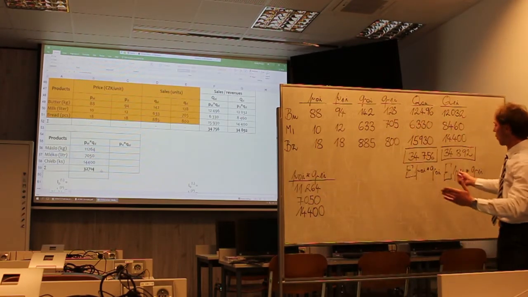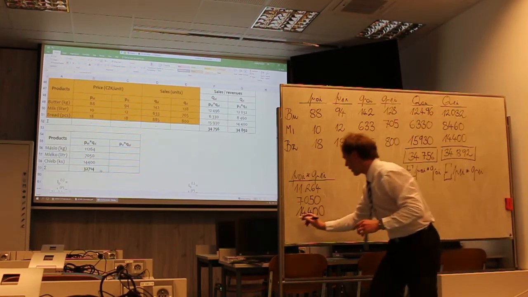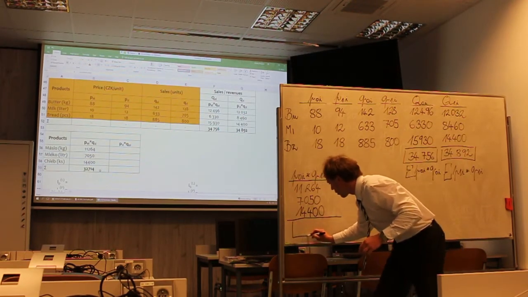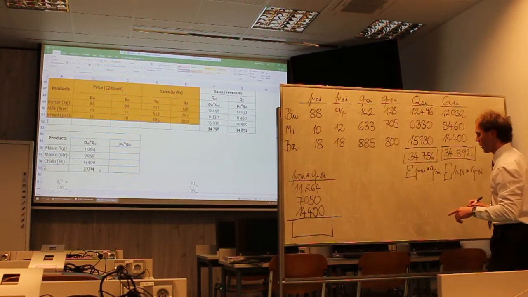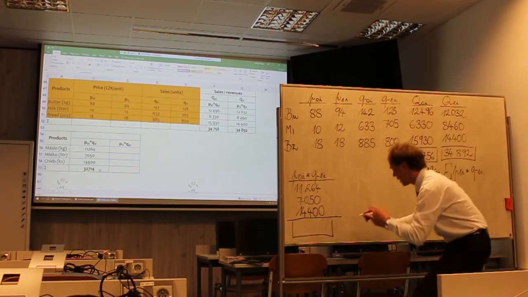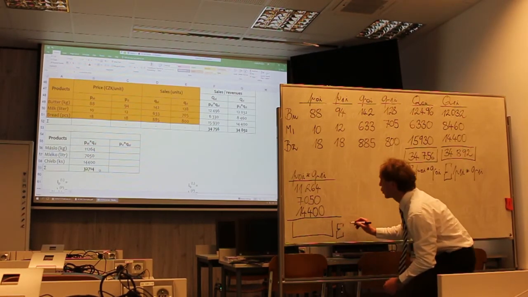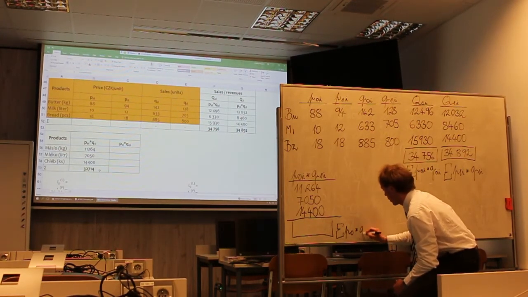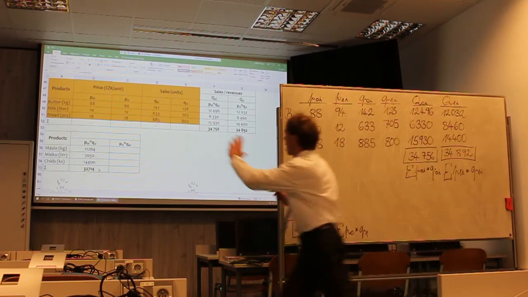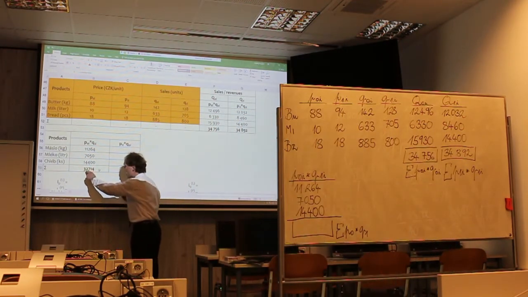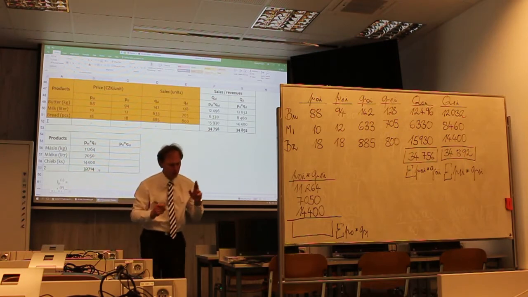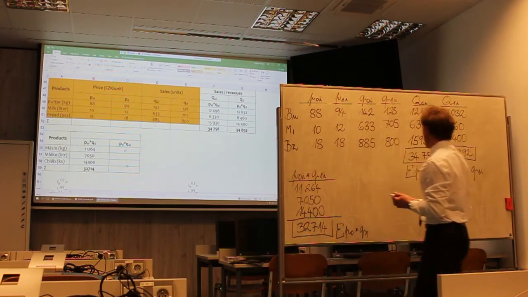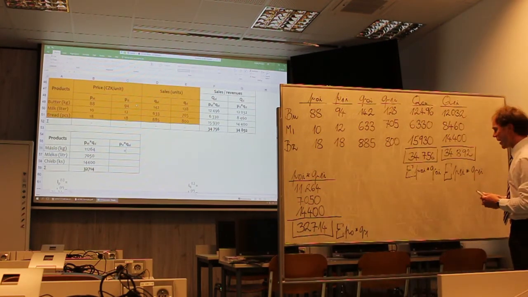You can calculate summation of these revenues, and this summation will be denoted like summation of P0 times Q1. Summation of these partial revenues, 32,714. And we can continue.